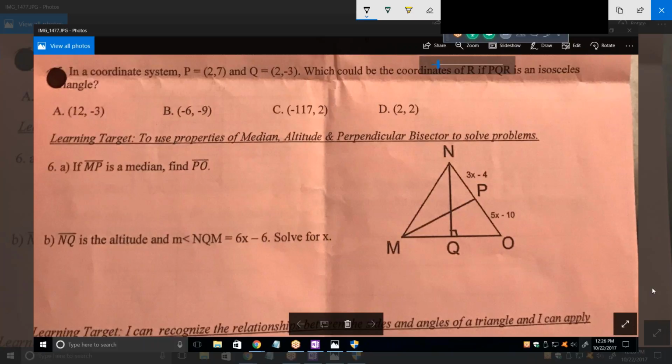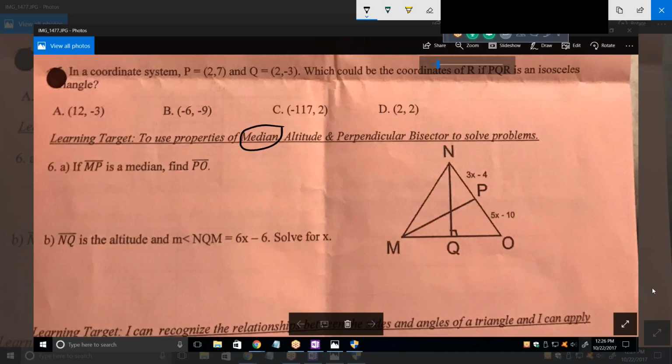All right, here let's look at what they're talking about. They're talking about medians, altitudes, and perpendicular bisectors. So first of all, let's talk about what each one of those are. Let's talk about what a median is.